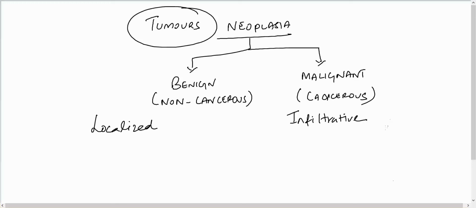Infiltrative means, for example, there is a tumor in the skin. This is the skin, and below the skin we have muscle, and we have bone.